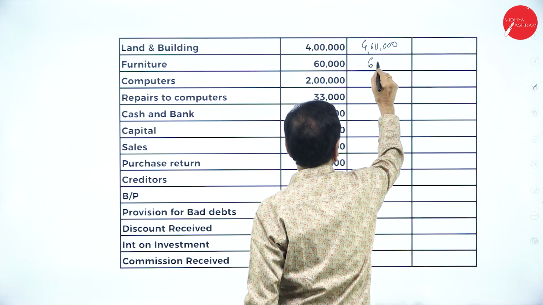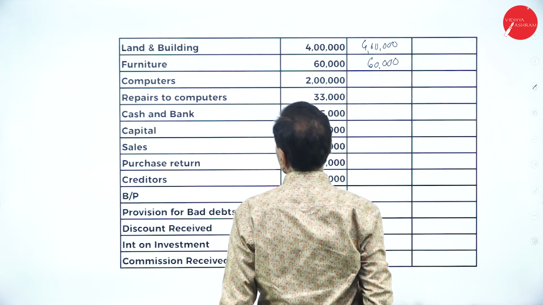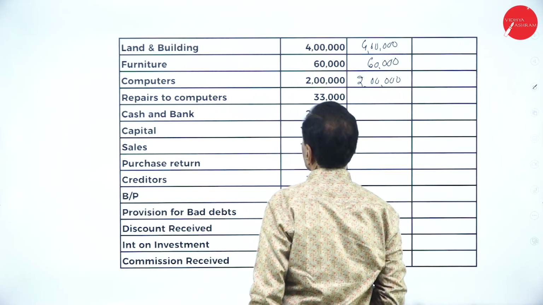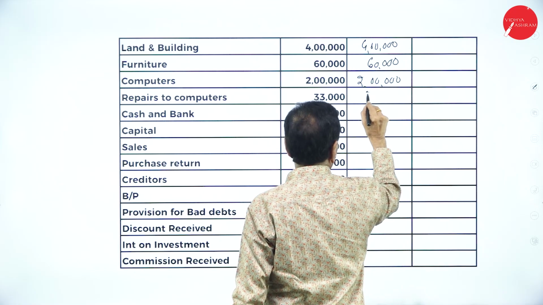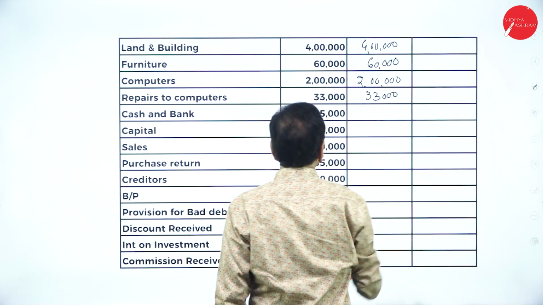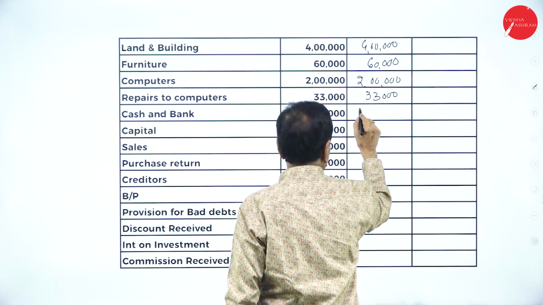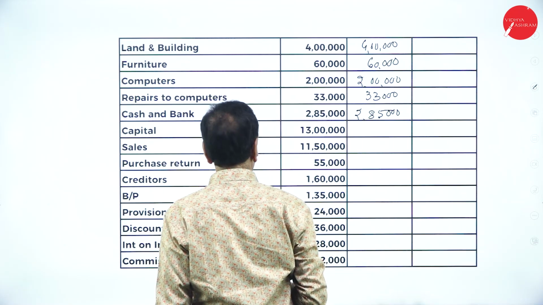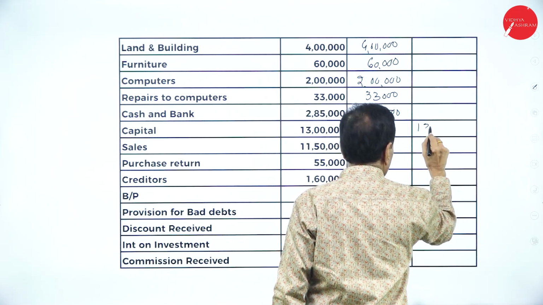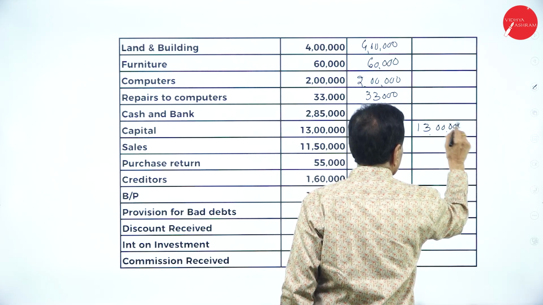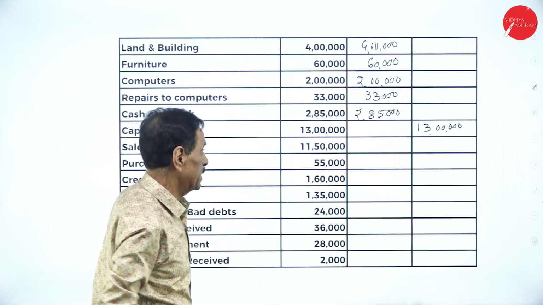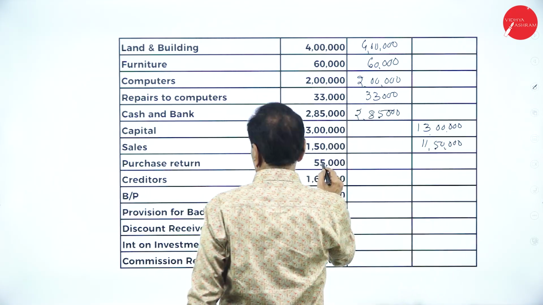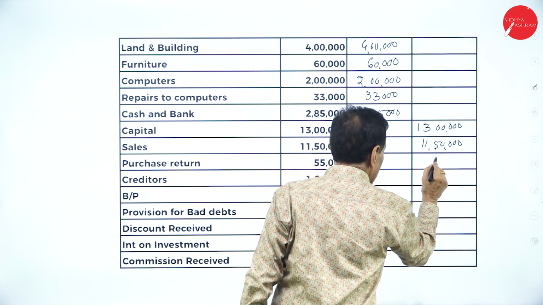Furniture, debit side. Computer, debit side. Repair, debit side. Cash at bank, debit side. Capital, credit side. Then sales, credit side. Purchases return, credit side.